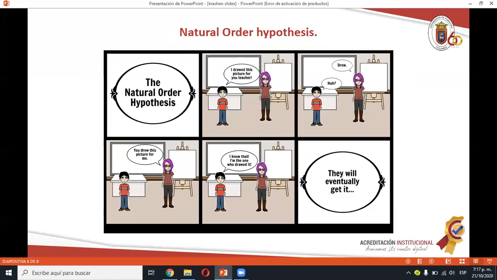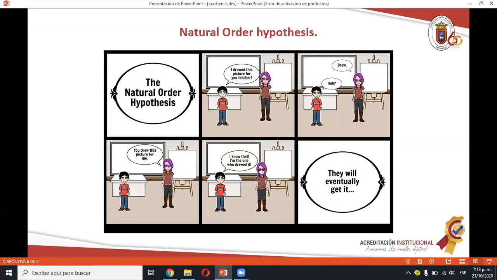Now we have the natural order hypothesis. The natural order hypothesis is more connected with the idea that some grammar rules and structures are learned before the other ones. For example, learners of English will tend to understand and use the ing form of the verbs before the s from the third person, given that some structures will be implemented quicker than other ones.